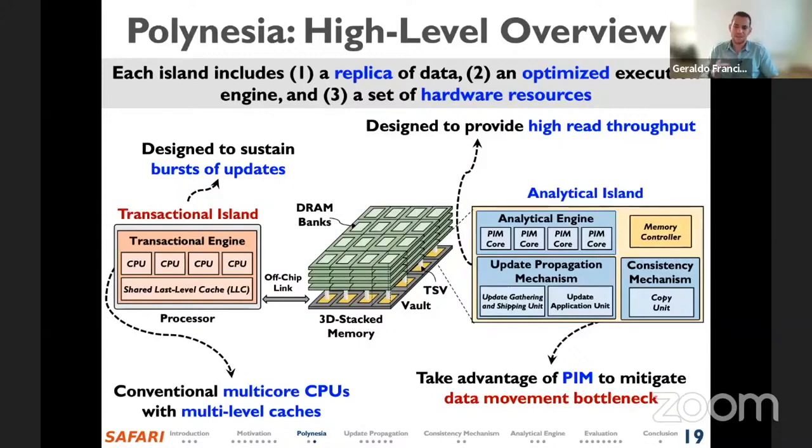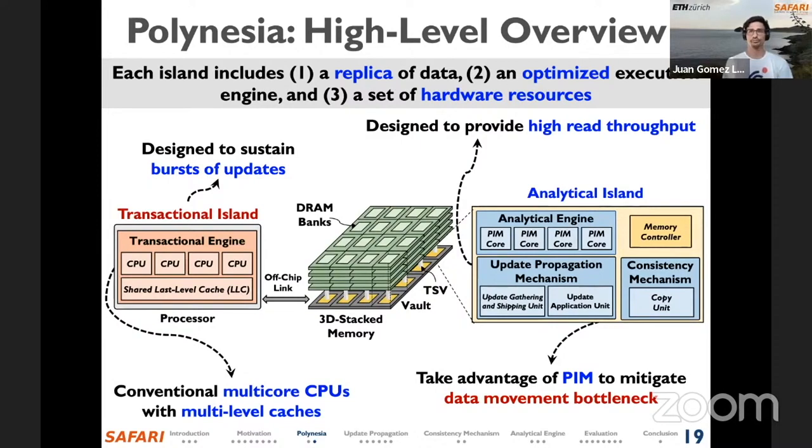Prior to Polynesia, there were other works that propose some hardware software co-design for such systems, not necessarily as we do, but some sort of hardware acceleration. A bunch of them leverage the GPU as one hardware component of the system. So this could be a different execution engine, for example.